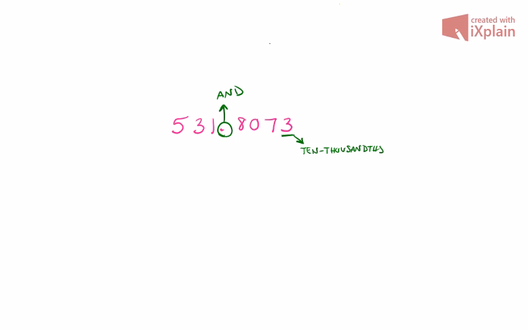And feel free to go ahead and label your stuff out. It's totally fine. So how I would read this would be 531 and 8,073 10,000ths. Okay? Again, take some time, create some examples. If you have questions, please come see me.